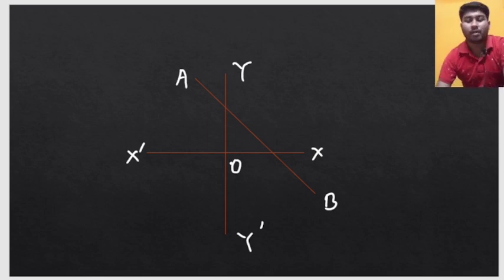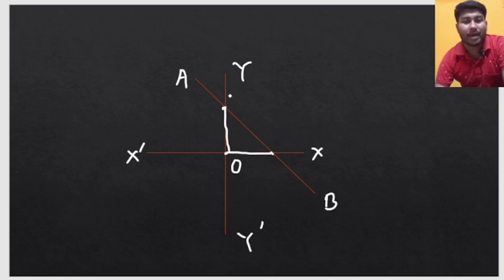Now, if one straight line cuts some portion from the x and y axes, like that, this straight line AB cuts this portion from the x axis, and this portion from the y axis.